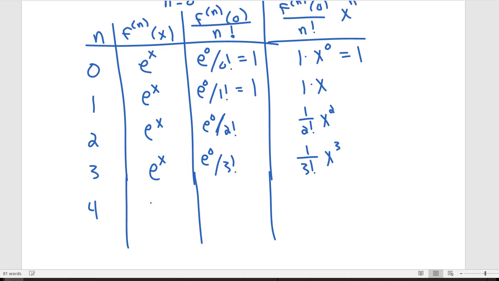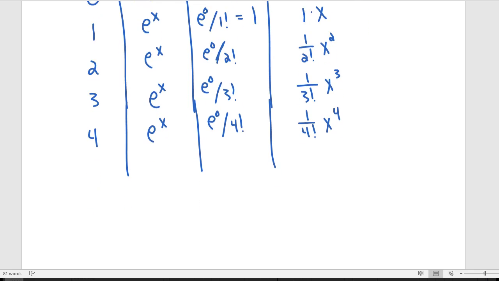Let's do one more to make sure. The fourth derivative is the derivative of the third derivative. I plug in 0 and divide by 4 factorial, so that's 1 over 4 factorial x to the fourth. That definitely is my pattern.